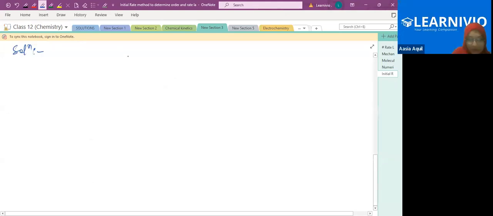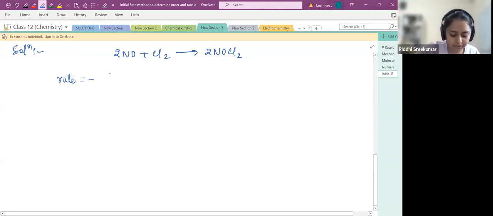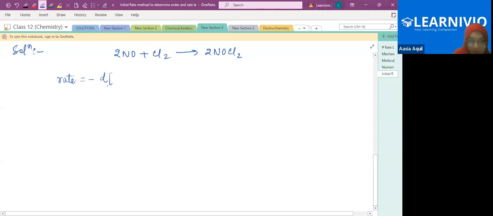So we have the equation 2NO plus Cl2 gives 2NOCl. Let's write down the integrated rate equation. The rate of reaction will be equal to, we put a negative sign for the reactants, the d concentration of Cl2 upon dt.